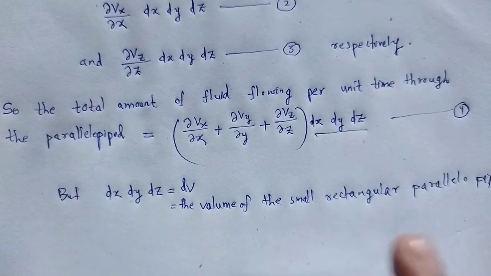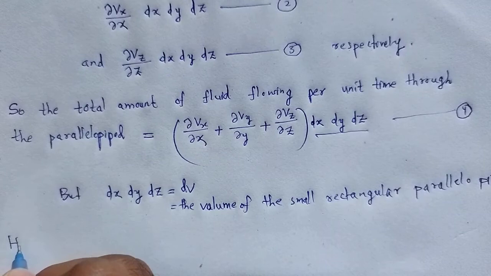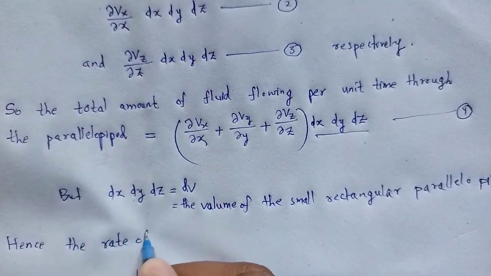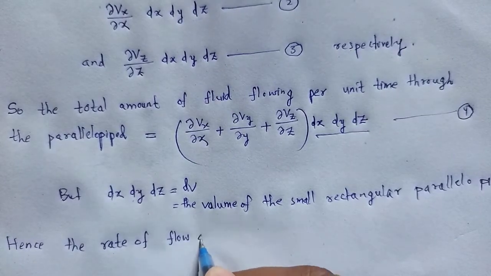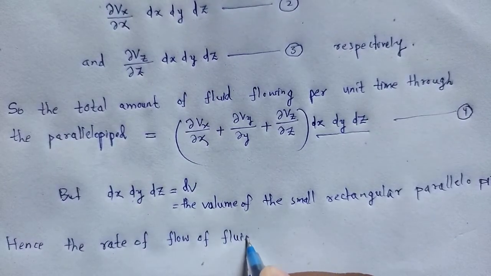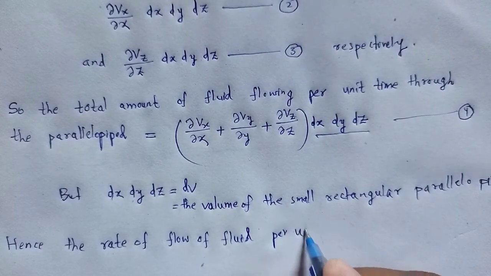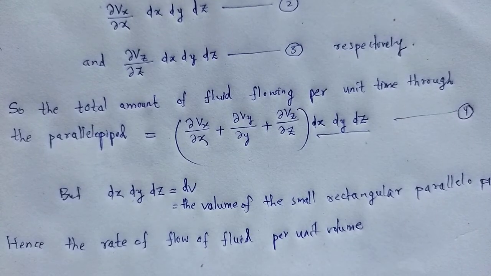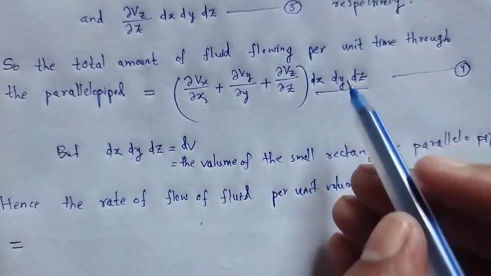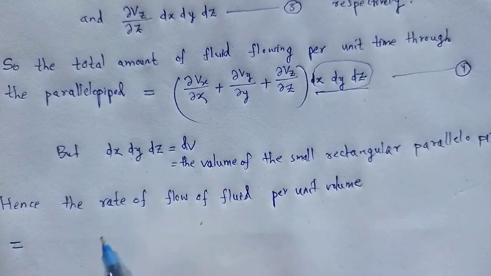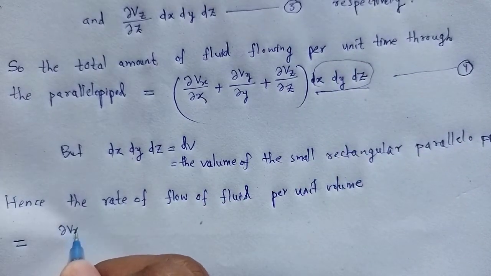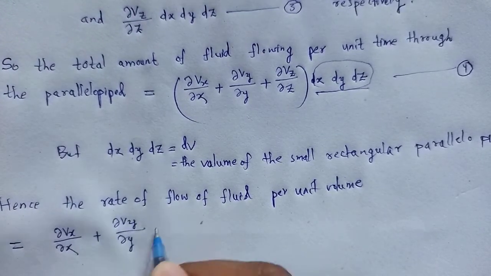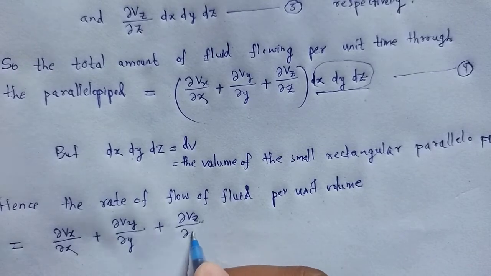Hence, the rate of flow of a fluid per unit volume is equal to, since the volume is unit, that is dv is equal to 1, the result will be del Vx by del x plus del Vy by del y plus del Vz by del z.